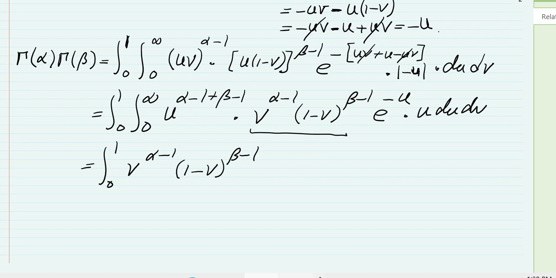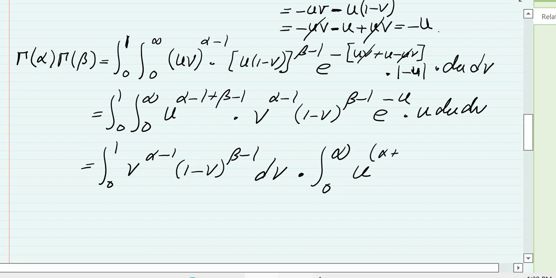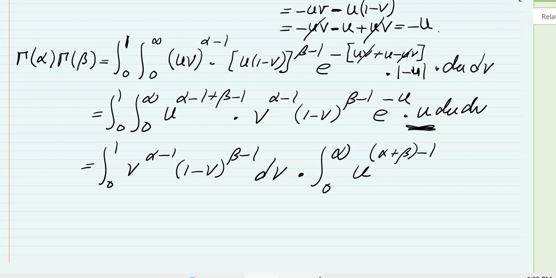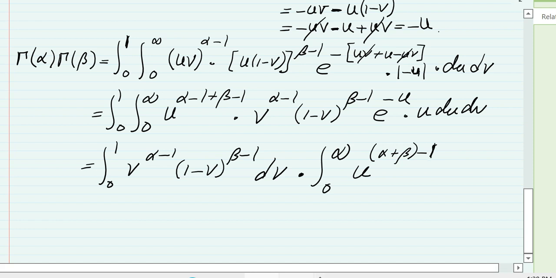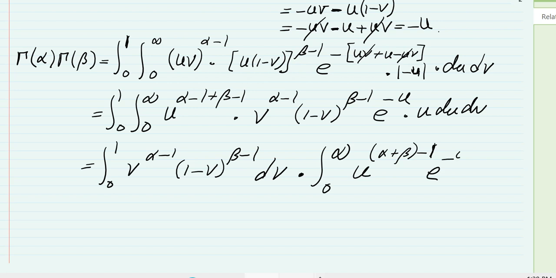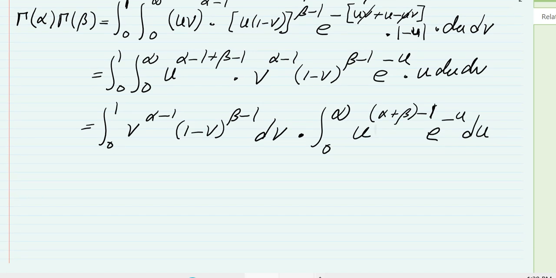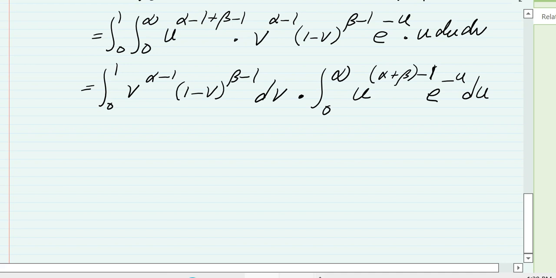So I'm going to write the joint integral as a product of two individual integrals. dv, and then we're going to multiply this by the integral from 0 to infinity of u to alpha plus beta minus 1. Remember, the u here and one of the u's here combine, and that's how we only have minus 1 now in the exponent. Okay, and then of course we have times e to negative u, and this is going to be du.